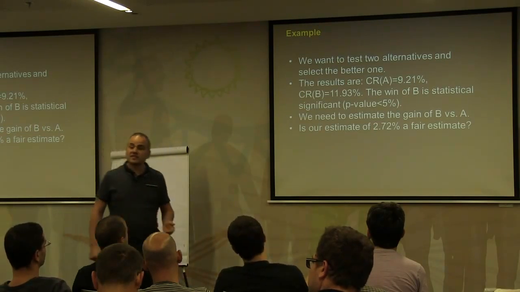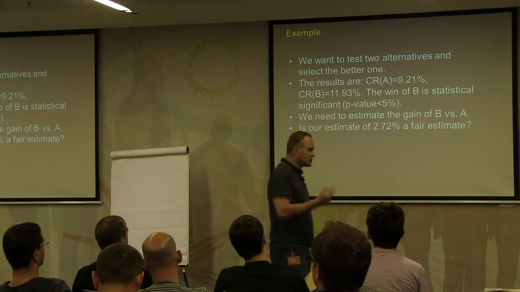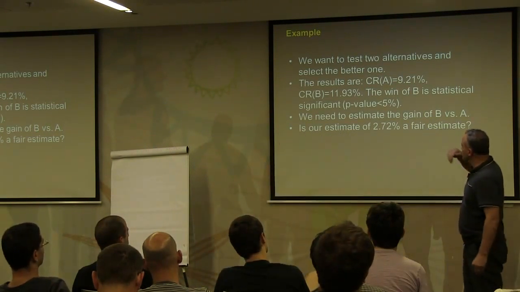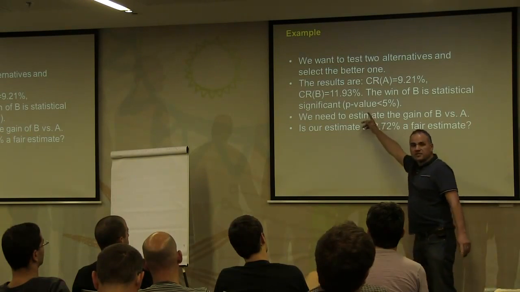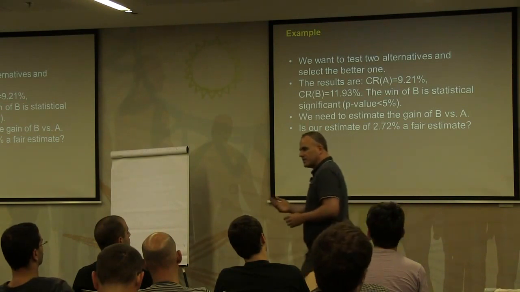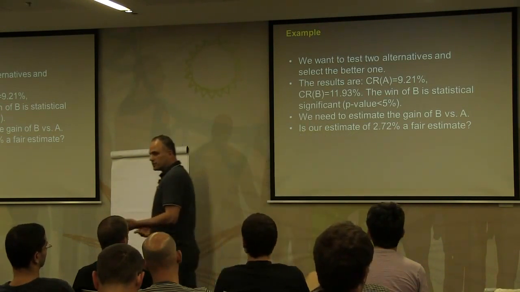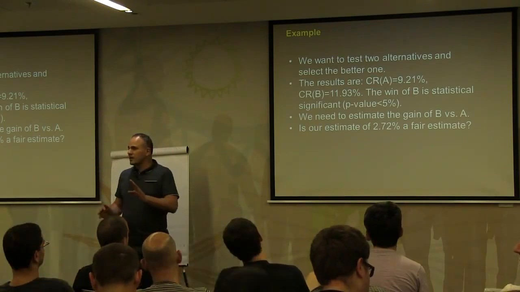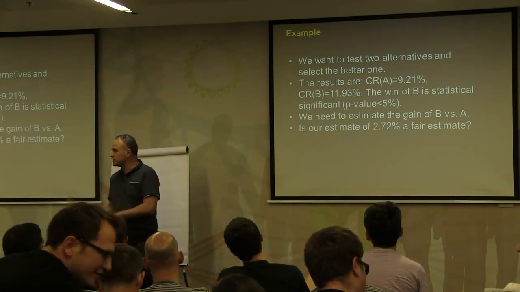I calculate statistical significance along the time, and I stop whenever statistical significance is achieved. The p-value is the statistical significance. The lower it is, the more significant the results are. I think that's good enough for the purpose of this presentation.